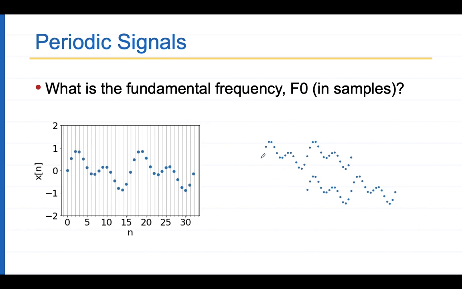So this same pattern, when I move it, will match with this one. This pattern matches very nicely with this one, right? So this is how I find out the fundamental frequency of a signal. I move it and compare it with itself. Self-similarity, when you add the delay to the signal.